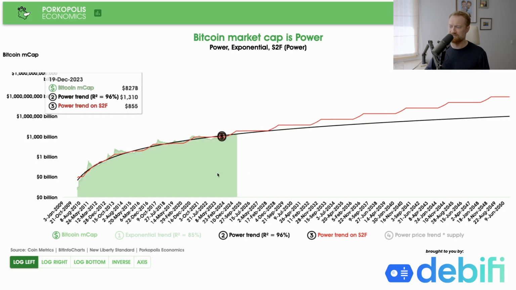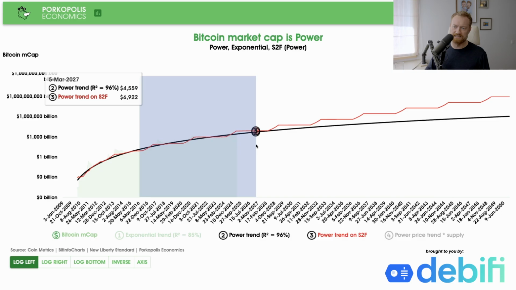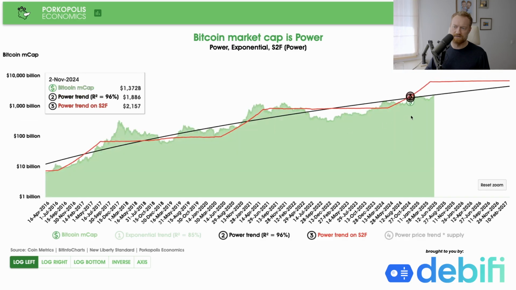In Bitcoin terms, I don't actually know at the moment, but less than 100,000, I believe, per year. So you're taking the stock to flow as your x-axis in your denominator.